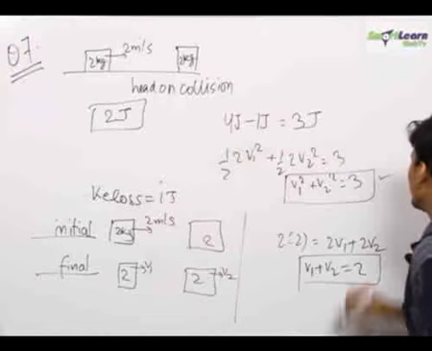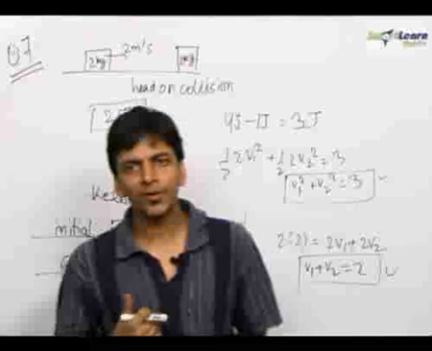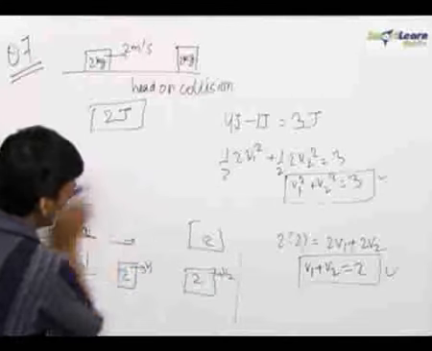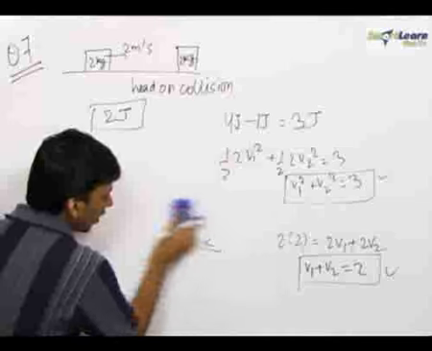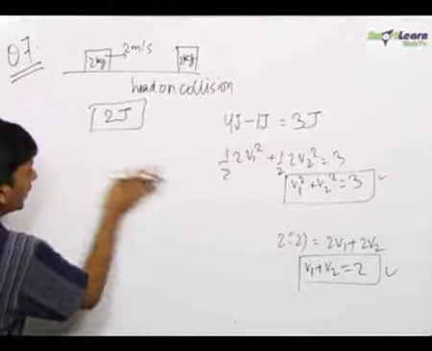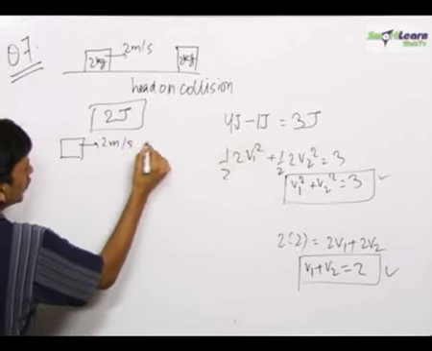We get this equation. We can make a quadratic and solve for the values of V1 and V2, but that is not a good way to do it. The better way is, we do not need to find the values of V1 and V2. We want to find out the coefficient of restitution.